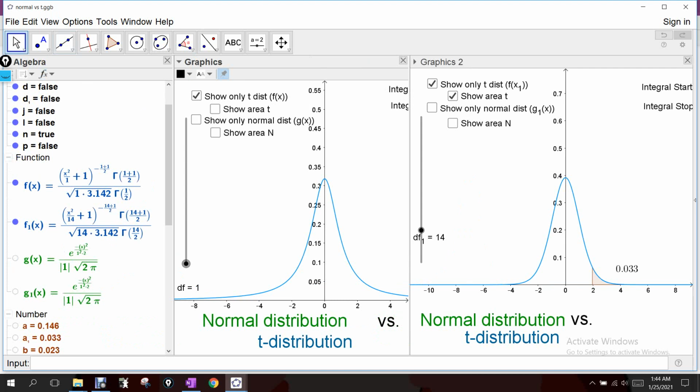So this is a version of the standard normal distribution with sigma being 1. Here is the formula for finding the t distribution, a pretty nasty looking thing.